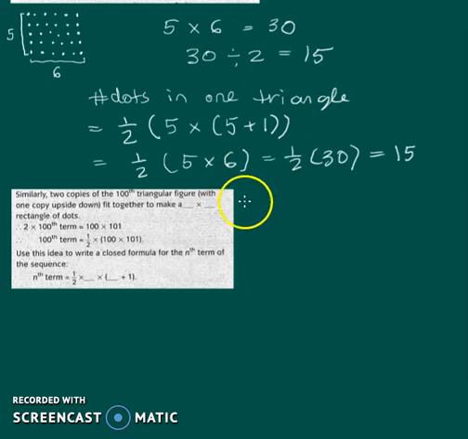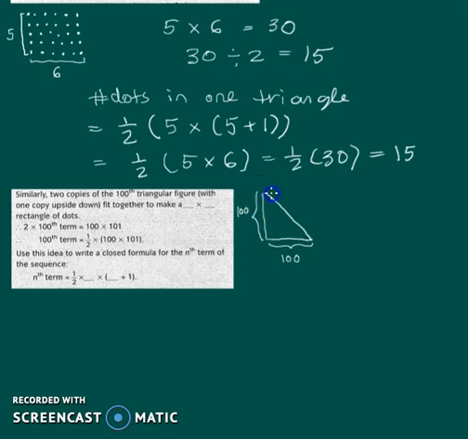We're obviously not going to count all the dots in a 100th triangle because that's a lot. But what we do know, let's kind of just draw them vaguely. How many dots do we know are in each side of this triangle? Well, it's the 100th one, so we know that there are 100 on this side and 100 on this side.